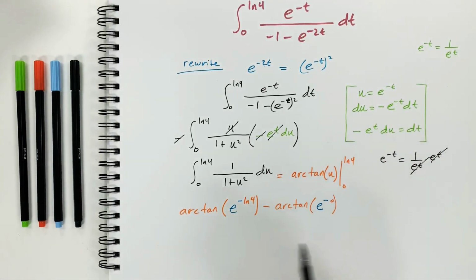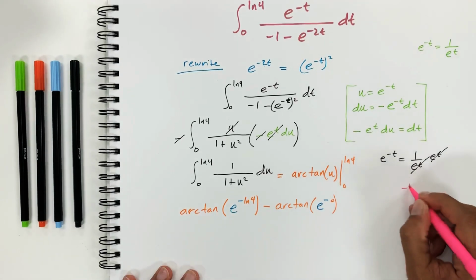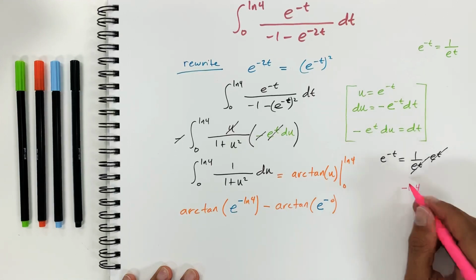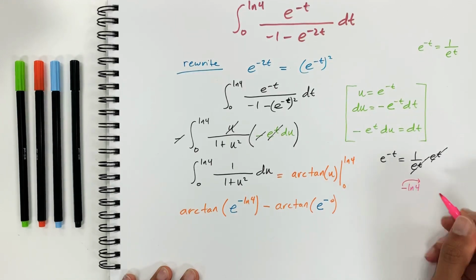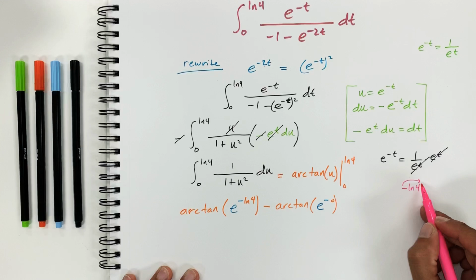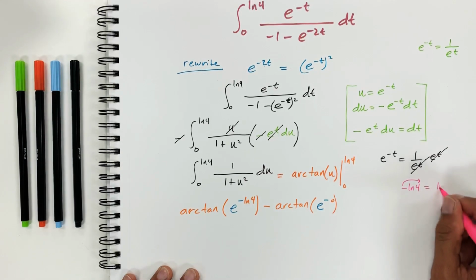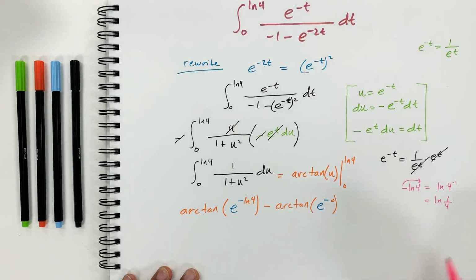Let's take a look first at this first situation. By properties of ln, we have negative ln of 4, which we can rewrite as a negative exponent on the 4, so that is ln of 4 to the negative 1, which is equal to ln of 1 over 4.